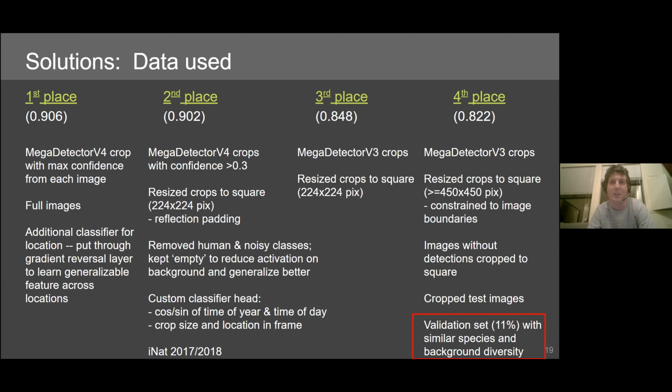You don't necessarily want those images to be spread across training and validation because then the model might be learning something specific to that image that's not actually relevant to the generalizability of it. I wonder how much of an issue that was here, because if there is a camera trap and there's just one animal in the frame for a while, there might be multiple images of that one animal taken. Did anybody discuss anything like that?